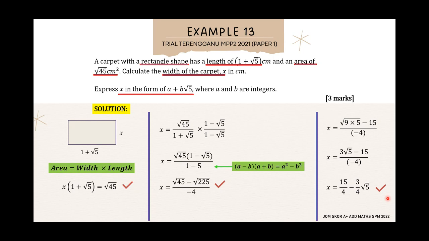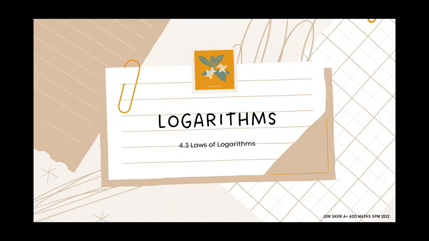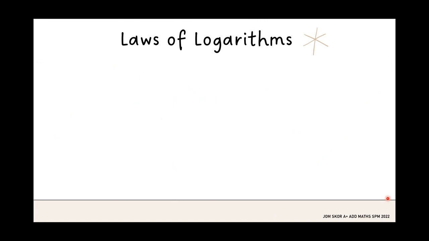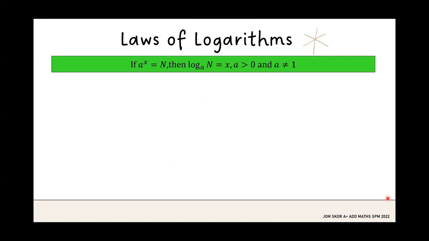Okay, kita nak pergi kepada subtopik yang seterusnya, which is logarithm. Logarithm. Okay. By definition, if we have a to the power of x is equal to n in terms of index number, then log n base a is equal to x.